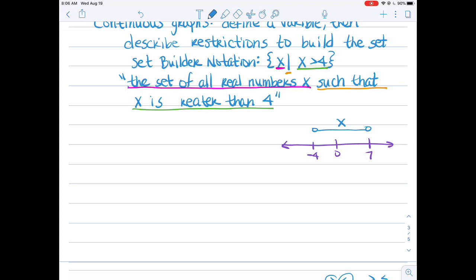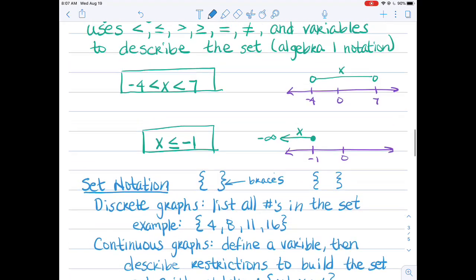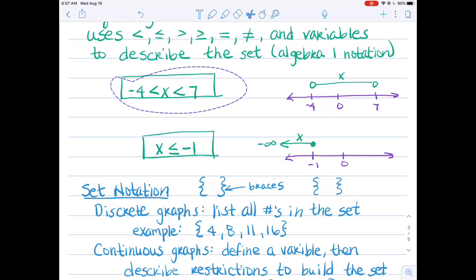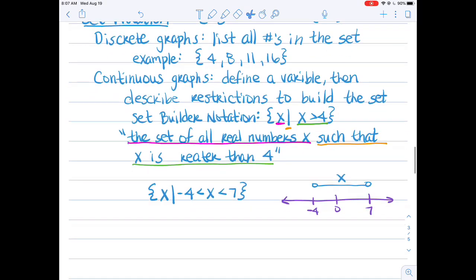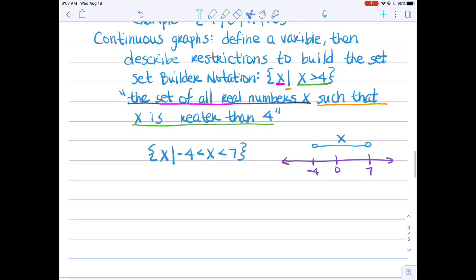I told you that this is very similar to our inequality notation, but we start with our brace: all real numbers x such that, and then write our inequality notation that we did above, -4 less than x less than 7. If you want to, take a peek up above, and sure enough, here is what we wrote as our inequality notation. So it's kind of just a fancy way of doing inequality notation, or that's one way of looking at it. We'll look at some other uses of set notation in the next video, or 2 videos.